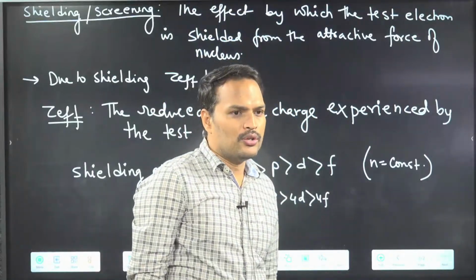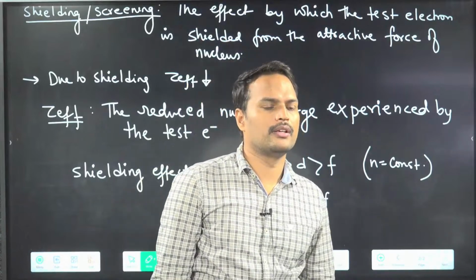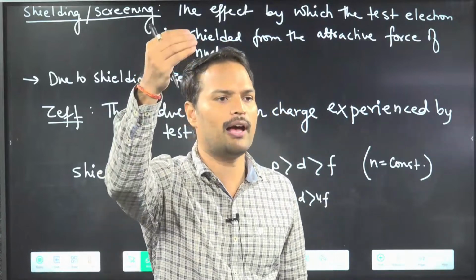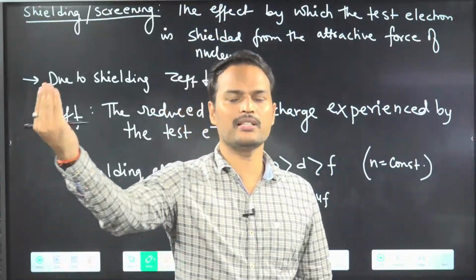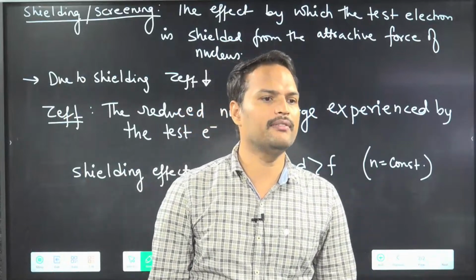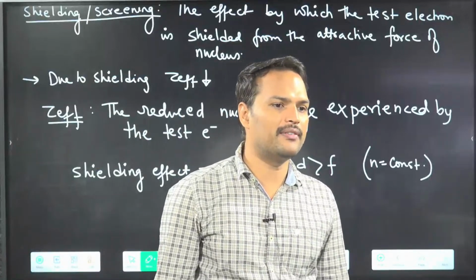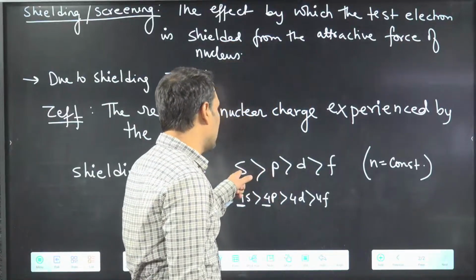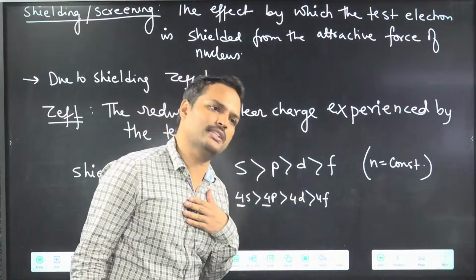So in this case, do you require good shielding or bad shielding? Shield means a protective layer. Now what will you keep there? S, P, D, F. You will simply say, sir, S. If S is in between, I will be saved.